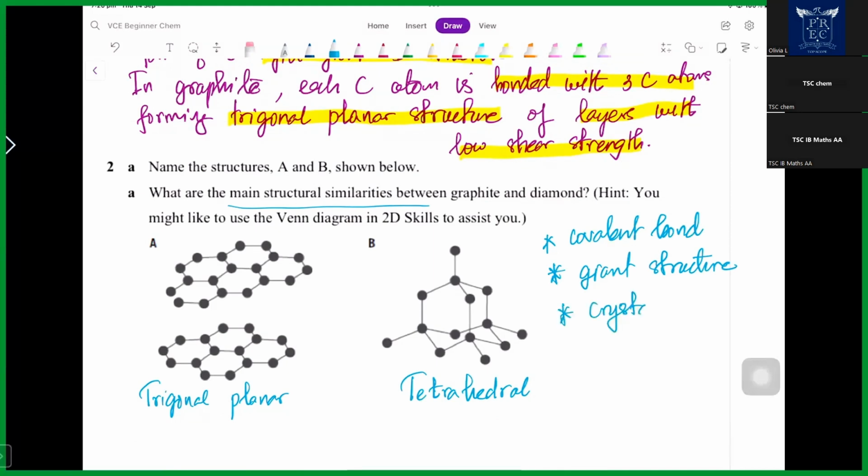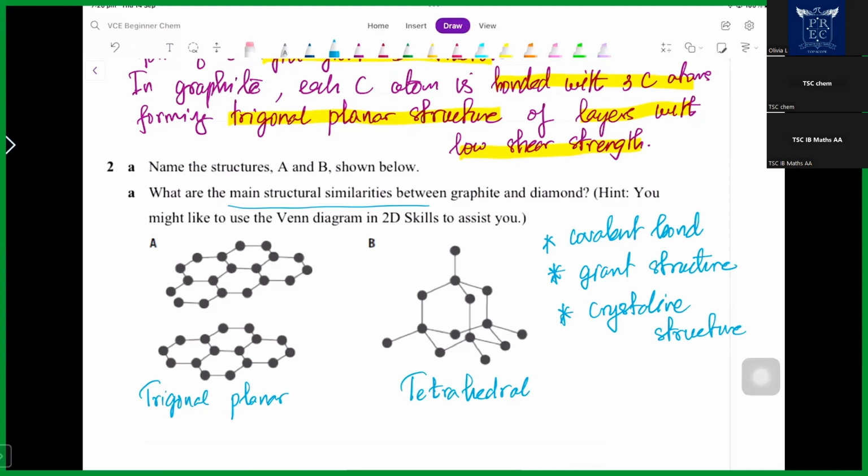Let me explain a little bit about why they are called crystalline structures. You will find that in chapter 4 when we look at ionic compounds. One of the most common ionic compounds is your table salt. If you pick up a piece of salt and put it under the microscope, what do you see? It's a crystal.